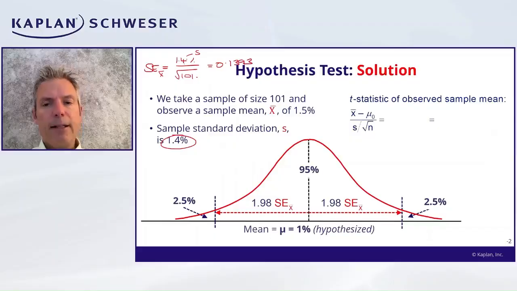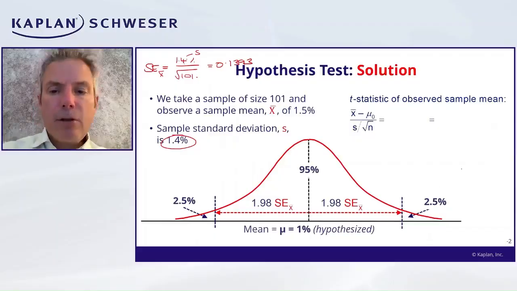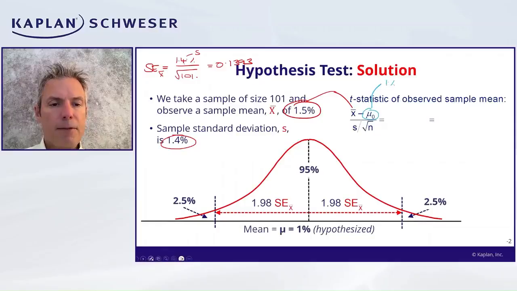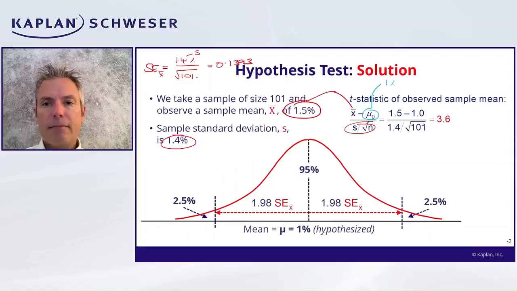That'd be the first thing I did here. And what we're interested in is not how far away x bar of 1.5 is from your hypothesized value of 1 in absolute terms. We're thinking how far is that distance in terms of standard errors. In other words, we're going to take our 0.5% and divide by that 0.1393.